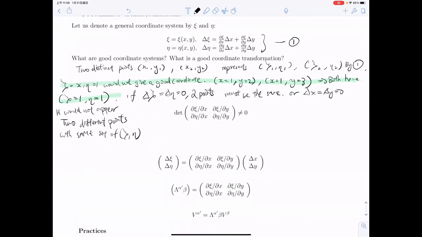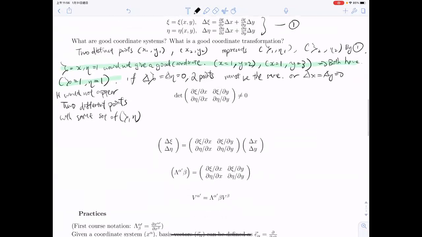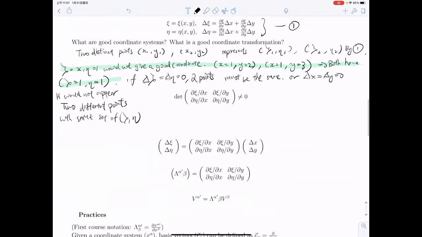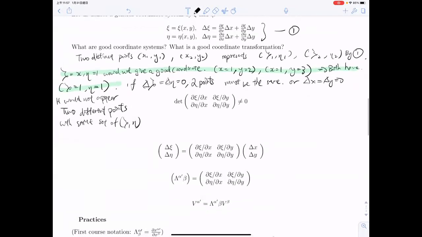So what do we mean by delta xi equals delta eta equals 0? It leads to a definition we have to know, which is the Jacobian. Here you can see the determinant in brackets would be non-zero. Basically these would be non-zero in order to define a good coordinate, so that if we choose a set of eta and xi, it would not appear as two different points.